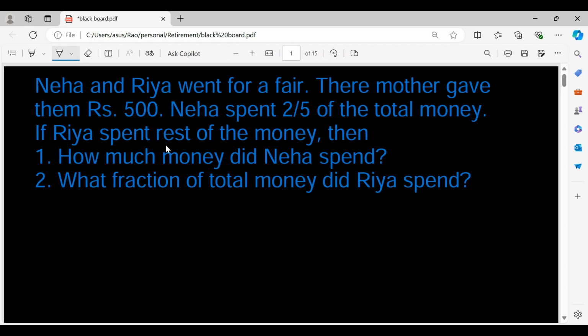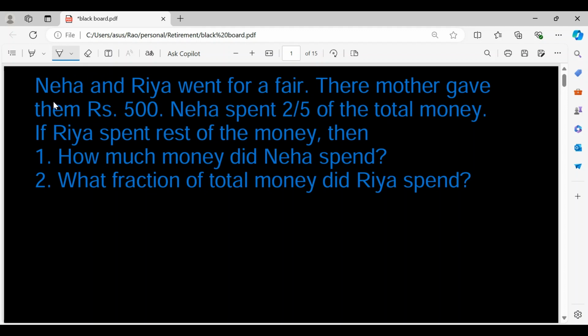So first we read the information and then we will dissect it into two parts, one of the known information and the other part what we are required to find out.